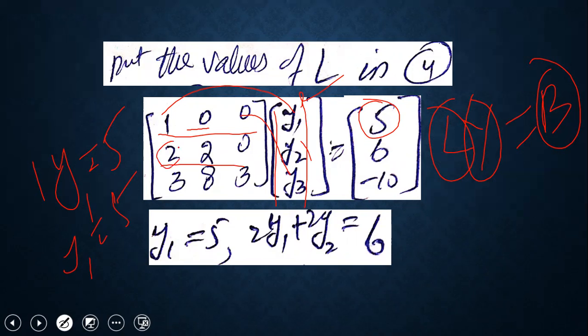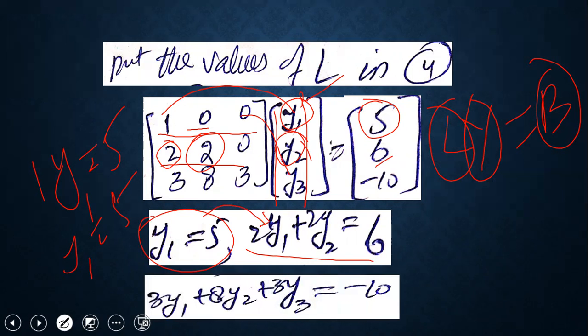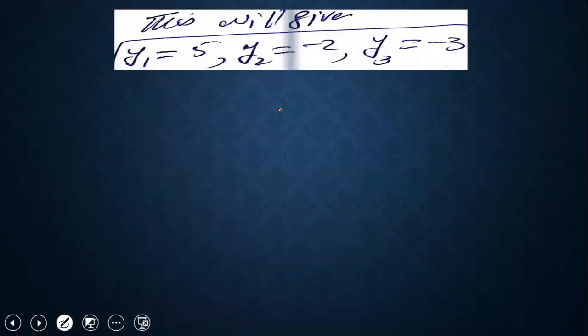So you will get 2y1 plus 2y2 is equals to 6. Now replace the value of y1 in this one, you will get y2. And similarly, this third row with the column of the matrix, you will get this equation.